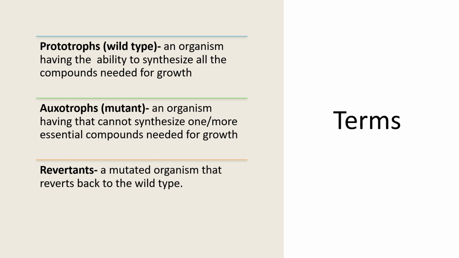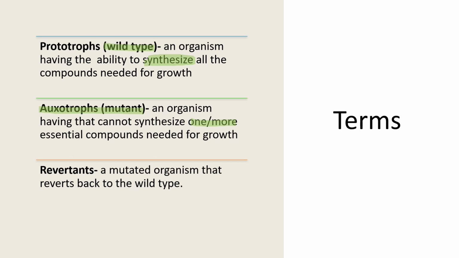Prototrophs or wild type are organisms that have the ability to synthesize all the compounds that they need for their growth. These organisms are self-sufficient and they do not rely on essential compounds to be supplied in the medium. They can synthesize their own compounds and they can grow in the medium. Now the second term is auxotrophs or mutants. These organisms lack the ability to synthesize one or more essential compounds.